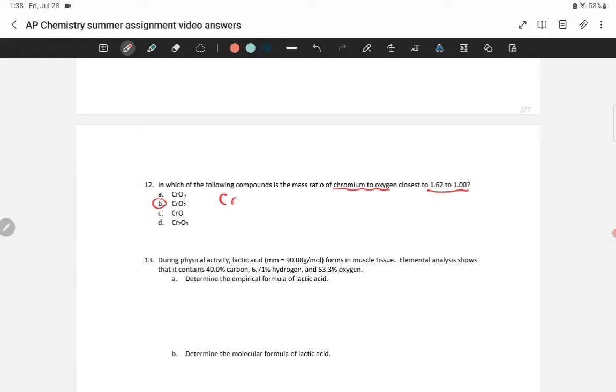And how did I get that? Chromium has a mass of 52 grams. Oxygen has a mass of 16 grams. So if I take CrO2, that would be 52 grams of chromium for every 16 plus 16 because it's CrO2.